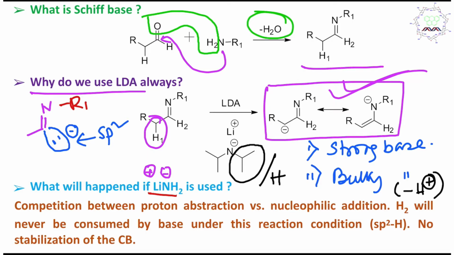Now this lithium amide is not that bulky. That's why it can act as a base. Not only that, additionally it can act as a nucleophile. So nucleophilic addition is also possible. That's why this is not used, because we want the basic property, not the nucleophilic property here. So that's why lithium diisopropylamide is used, but not lithium amide.